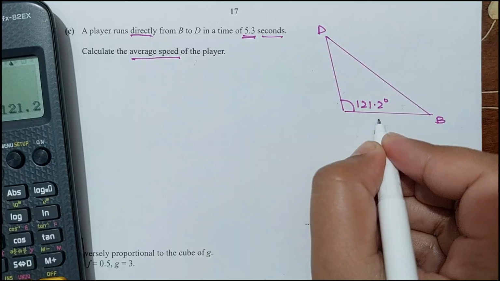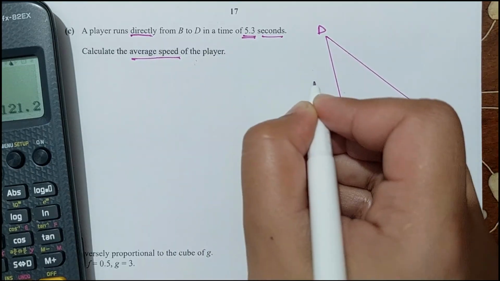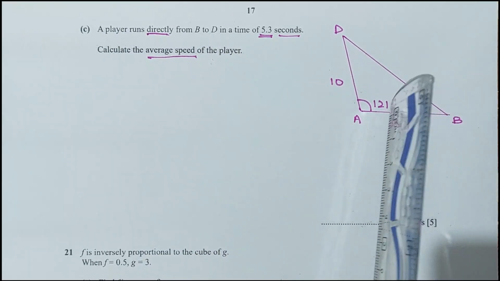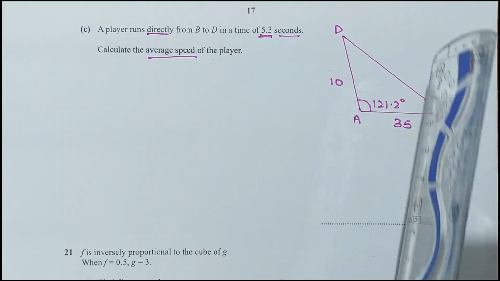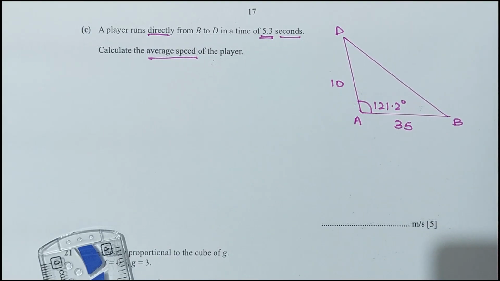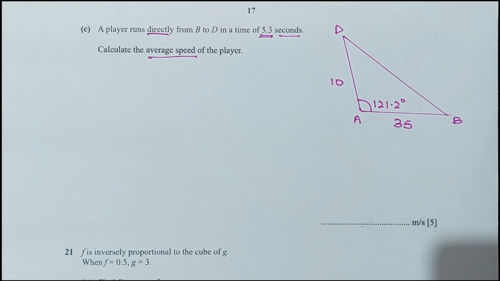A to B length is given, 35 meters, and A to D length is given, which is 10 meters. So we have to apply the law of cosine here because we have the angle and the two sides. Find the side opposite that angle. We have to use the law of cosine to get the length.